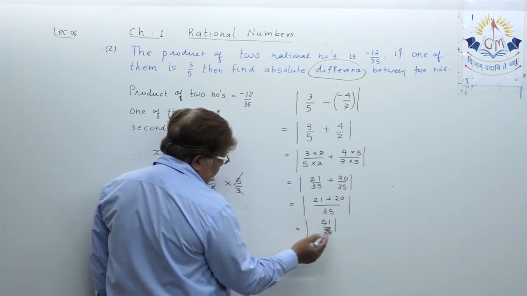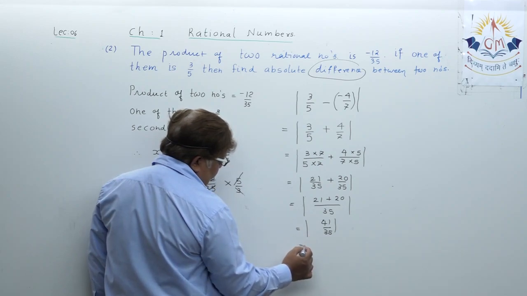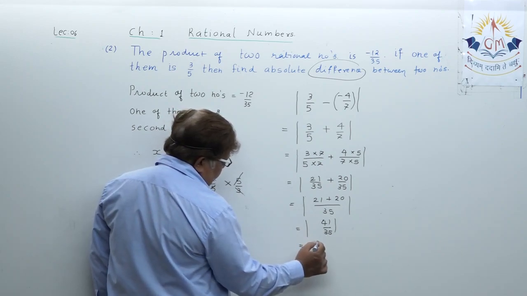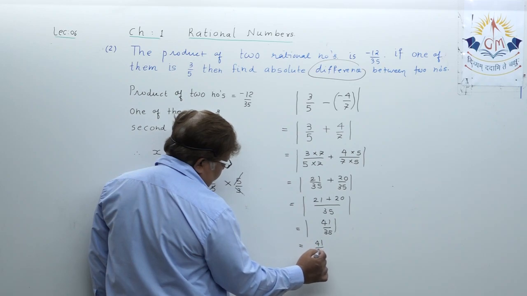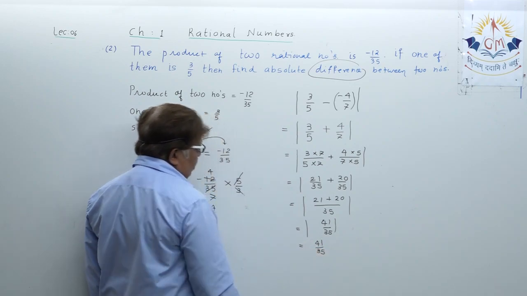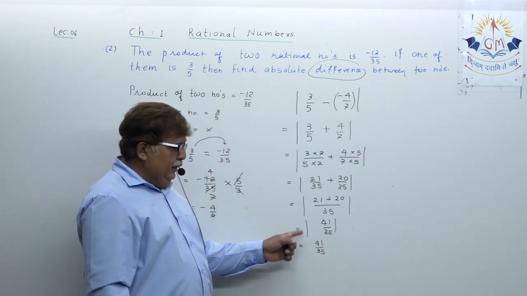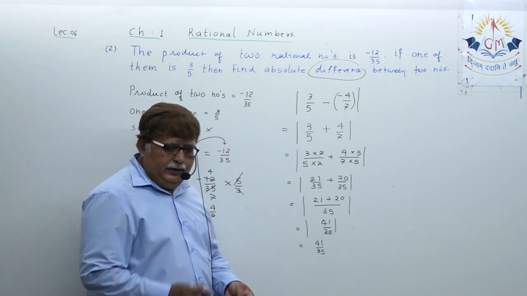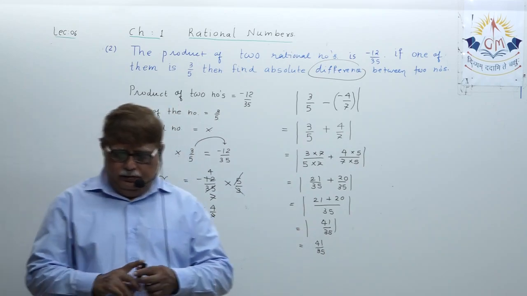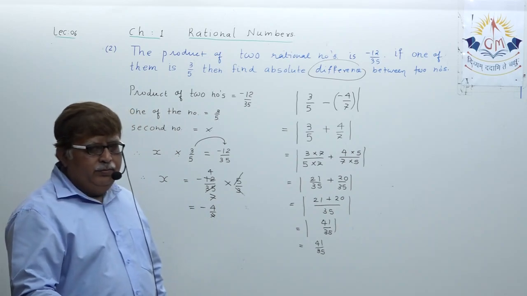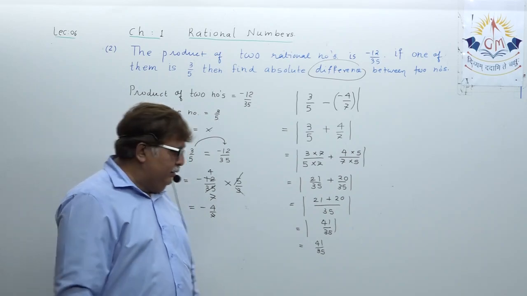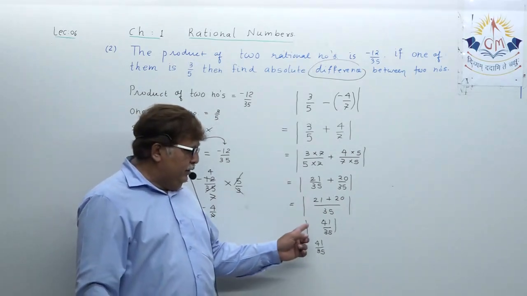This sign represents the absolute value. So when this number comes out, it remains as it is. You know the meaning of absolute value. Absolute value deals with only magnitude, measurement, not with the sign.